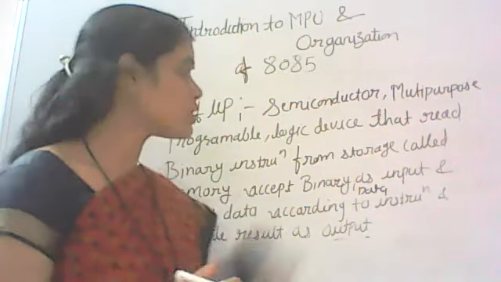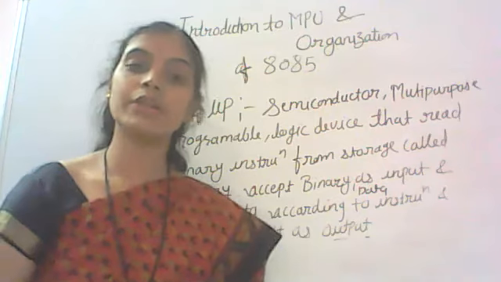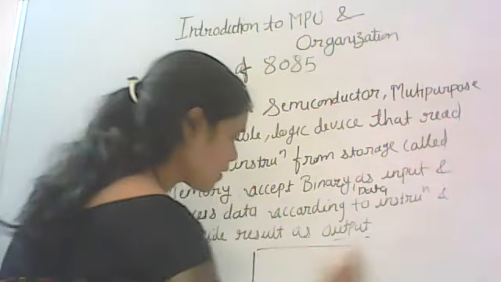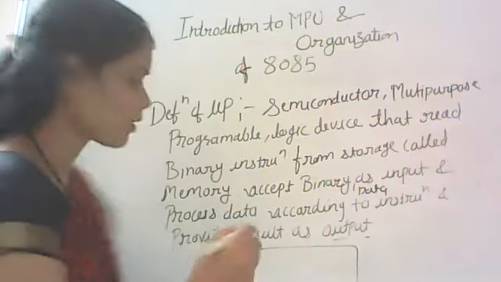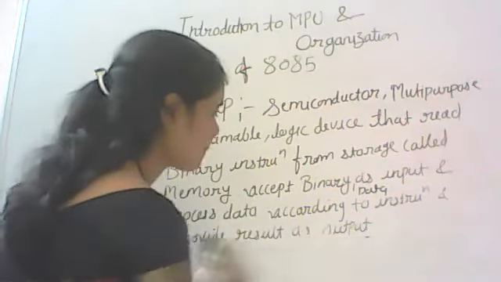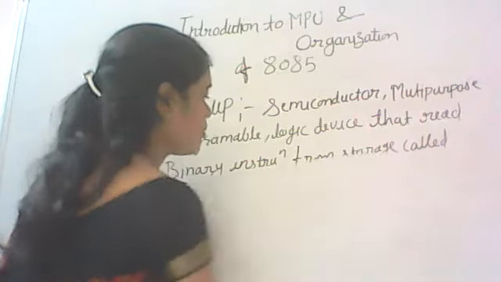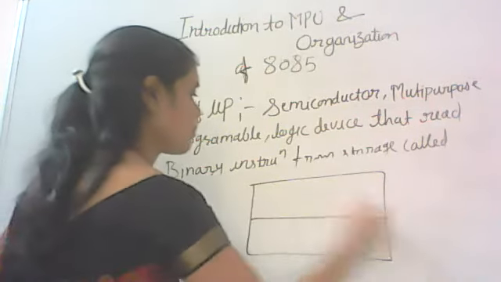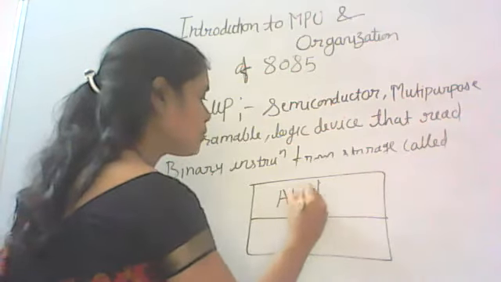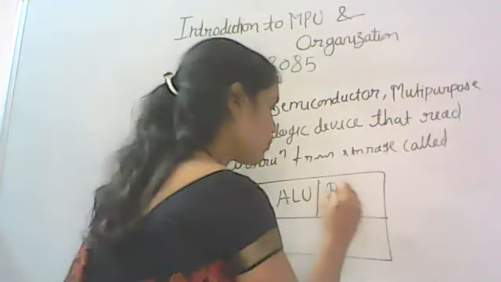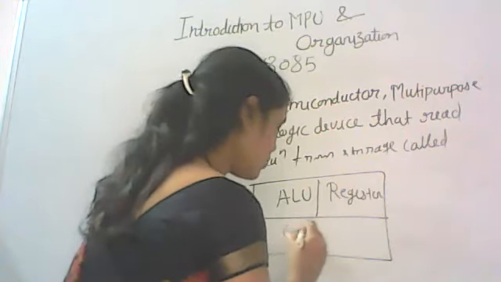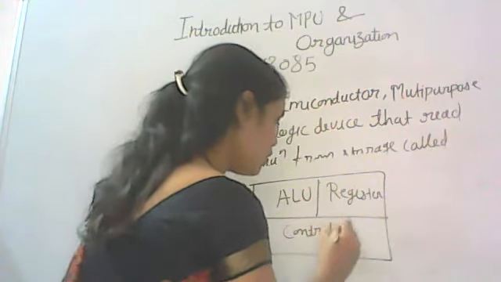A microprocessor is roughly divided into 3 parts, that is ALU, register and control unit.